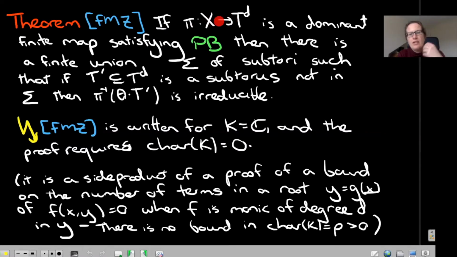The way I often think about this is that maybe X is contained in T^N, and you've projected T^N to T^D, so the pullback of T prime is itself a subtorus of your ambient space that you're intersecting with. We're saying that for any subtorus of this form, the intersection will be irreducible.